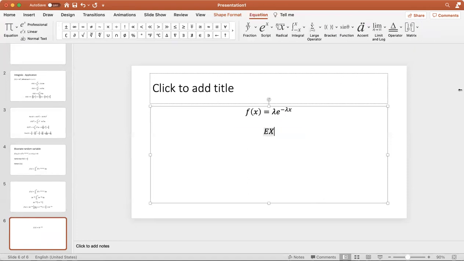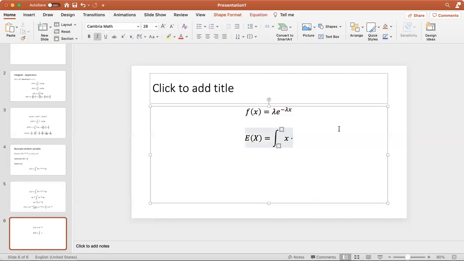So E of X, laying out the formula, E of X is the integral of x times lambda e raised to negative lambda x dx, and since x increases without bounds, you have 0 to infinity. Okay.